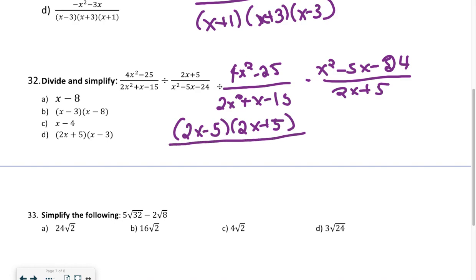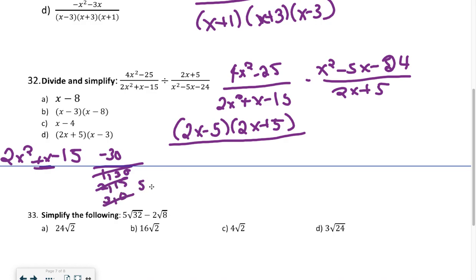The second denominator, if you want to step to the side, you can use that AC method. Okay, A times C is negative 30. Factors of negative 30 that give me x. 1 and 30 don't. 2 and 15 don't. 3 and 10 don't. 4 isn't divisible. 5 and 6 do. Positive 6 and negative 5.